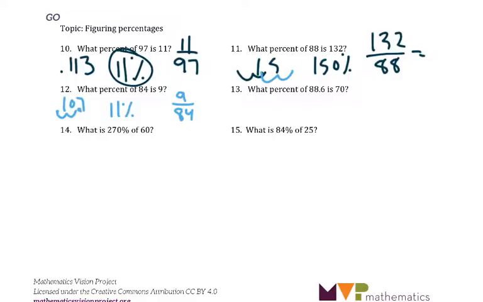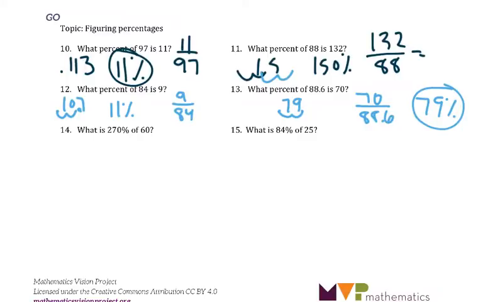What percent of 88.6 is 70? That'd be 70 over 88.6. That gives us 0.79 or 79%. Then what is 270% of 60?